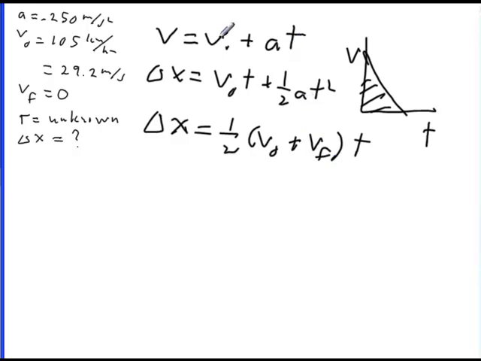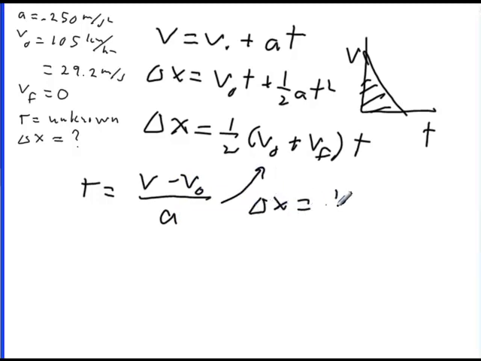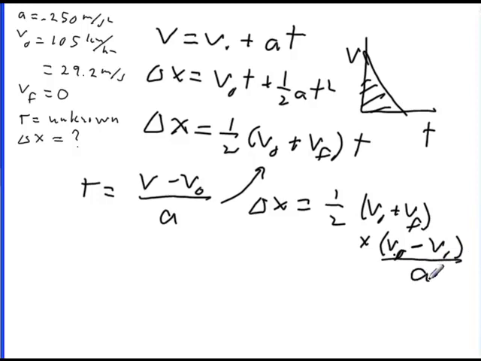So let's try that. If we solve this one for time, I find that the time is equal to v minus v naught divided by the acceleration. If I plug it in here, I find that delta x is equal to 1/2 v naught plus v final times v final minus v naught, all divided by the acceleration.